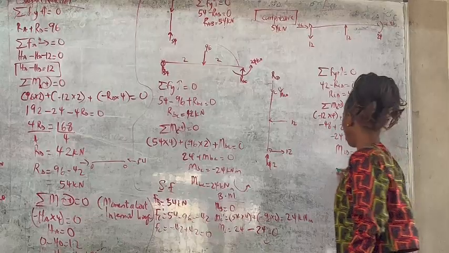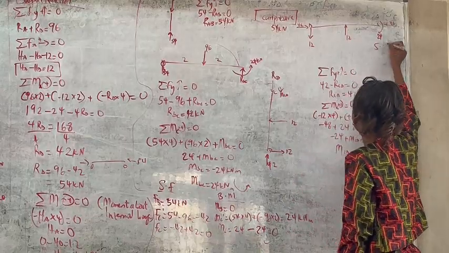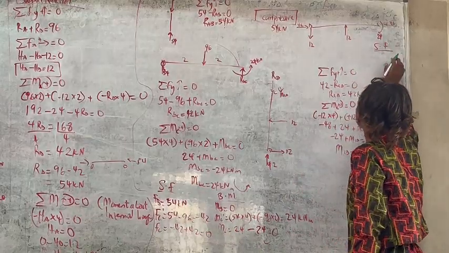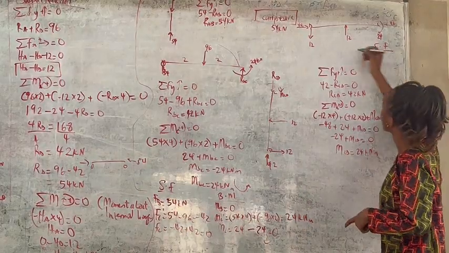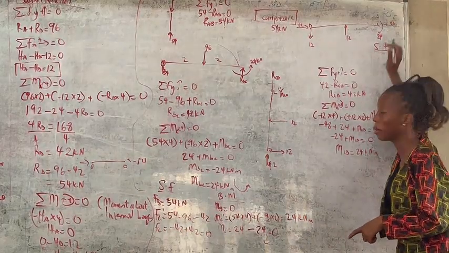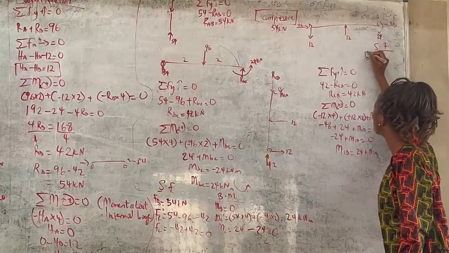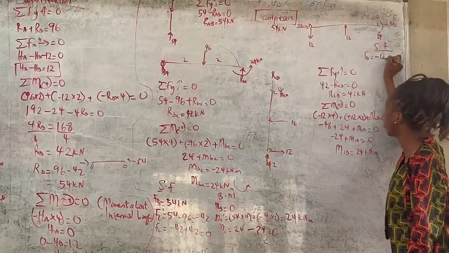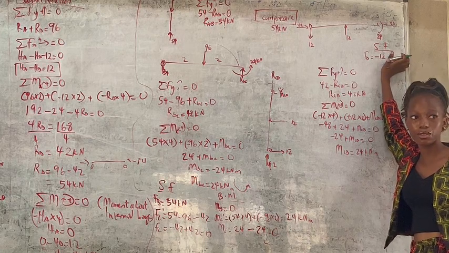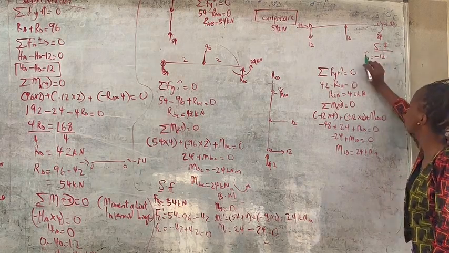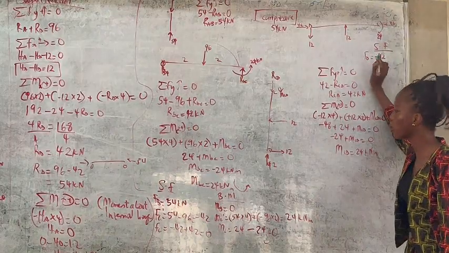So now let's find the shear force here. From here to here, the shear force at D is minus 12. Do you get why it is negative? Minus 12. So before C, we have what?